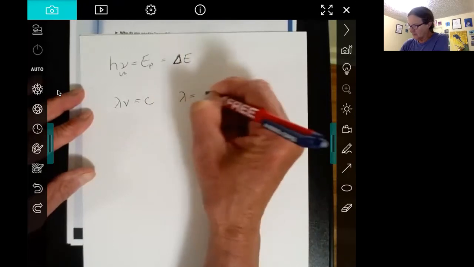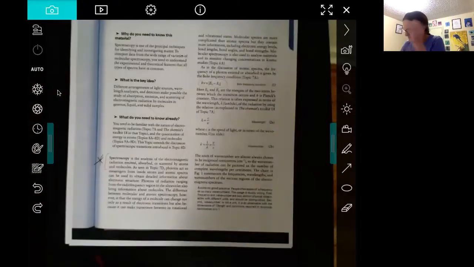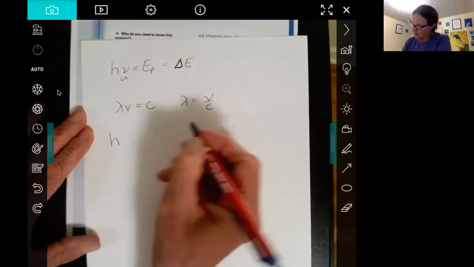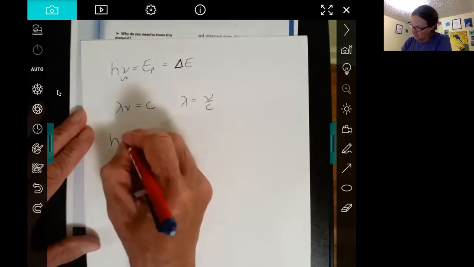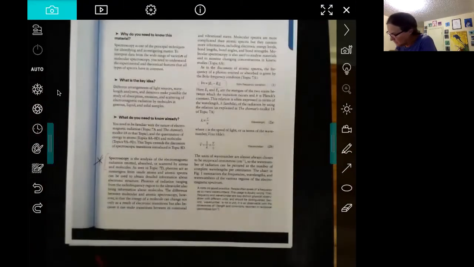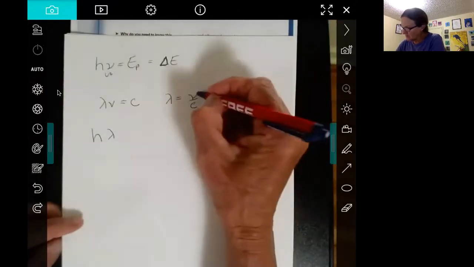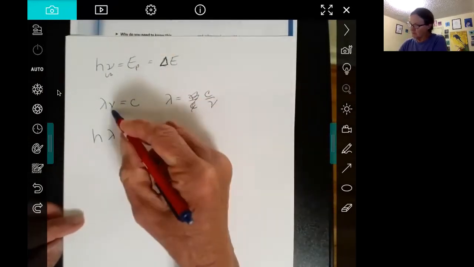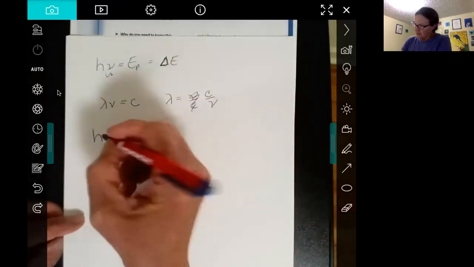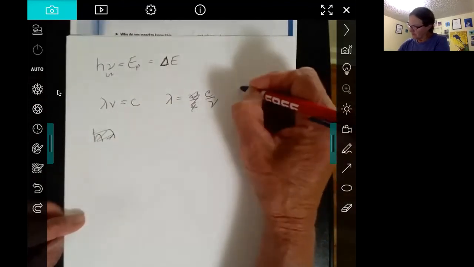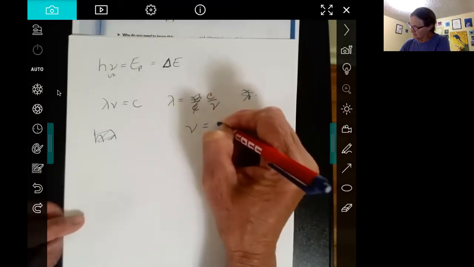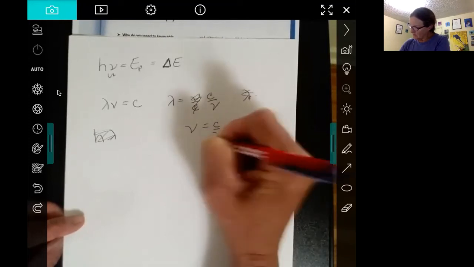Therefore, wavelength equals speed of light over frequency, and frequency equals c over wavelength.